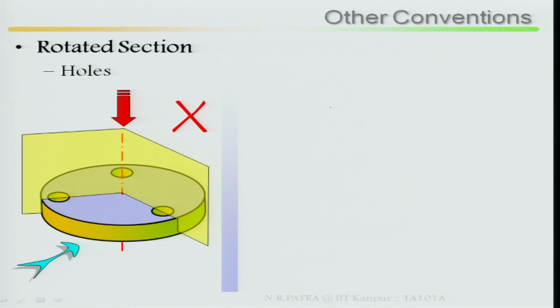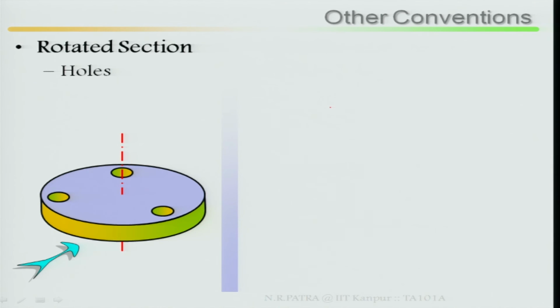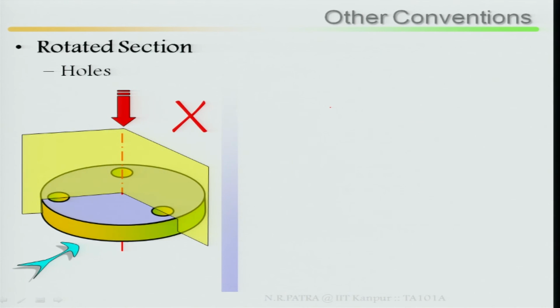I cannot do the sectioning like this. Look at the conventions. You have to rotate by means of imagination. It is not necessary to show it by means of an arrow, but by imagination you have to rotate it, but you cannot do the sectioning either by aligned or by offset sectioning, you cannot do it.